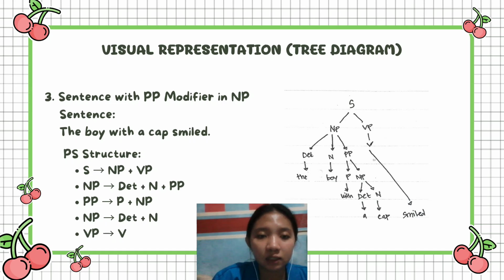Determiner as the, noun as boy, and the prepositional phrase has a P plus NP. The P is with. In the noun phrase, there's a determiner plus N. The determiner is a, and the noun is cap. The verb phrase is a verb, and the verb is smile.